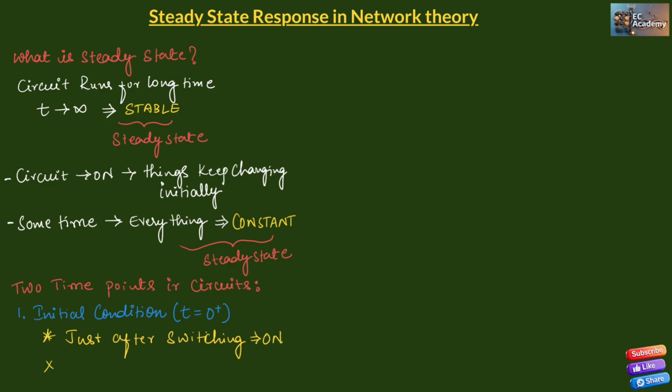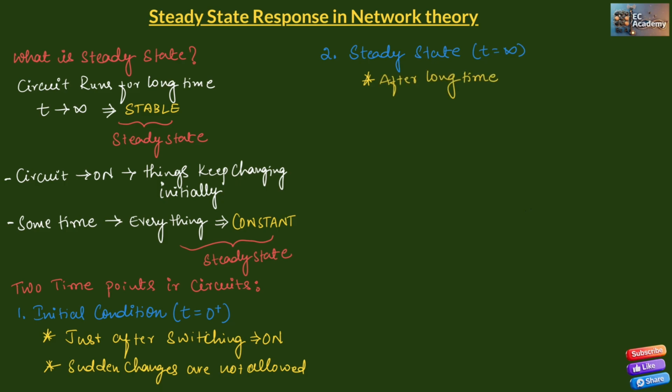And in initial condition, sudden changes are not allowed. The second time point is steady state, which is t is equal to infinity. Steady state happens after long time, which means it will happen when the circuit runs for long time.